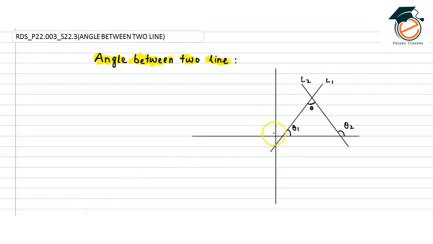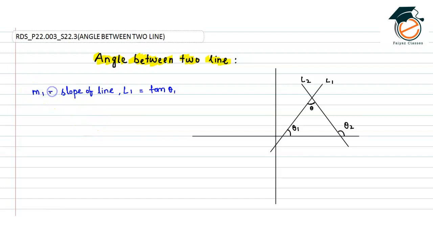We know that the slope of line 1, if it has angle theta 1, is tan theta 1, and this slope is m1.